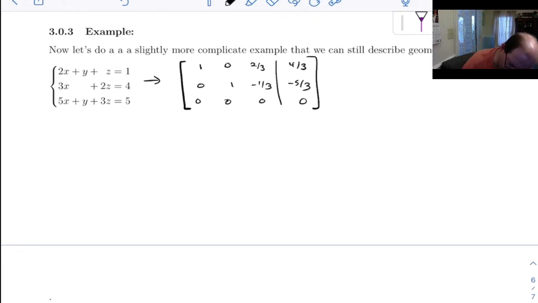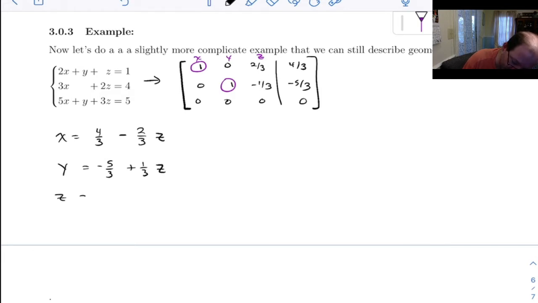Okay, so let's write this out. Let's see, x, y, and z. X and y both have leading ones, but z is a free variable. So I'm going to write x is 4/3 minus 2/3 z. Y is negative 5/3 plus 1/3 z.